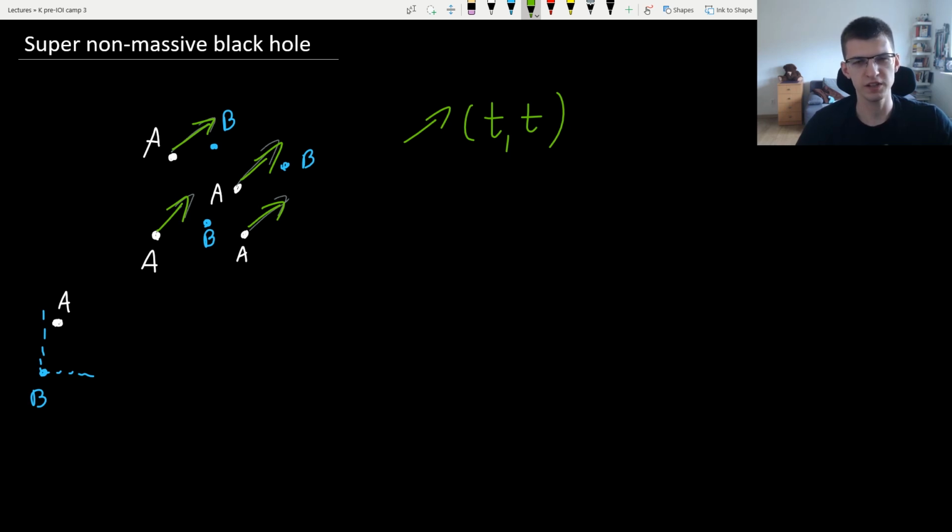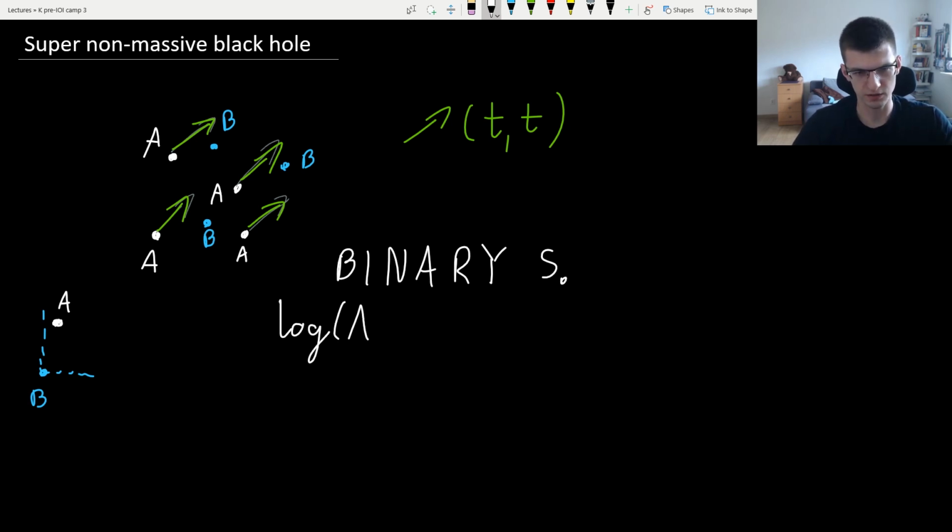And when you need to do something by the smallest possible value, it's correct to say that the first idea is binary search, obviously. So you binary search by t, and you have already a log of answer in the complexity.